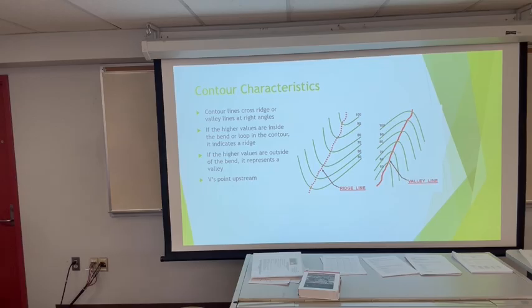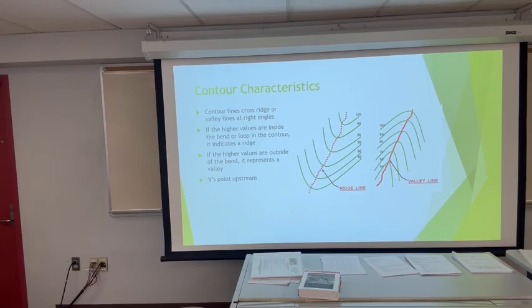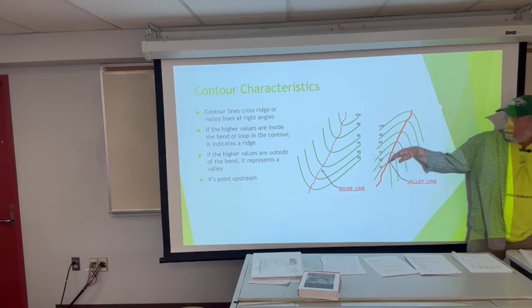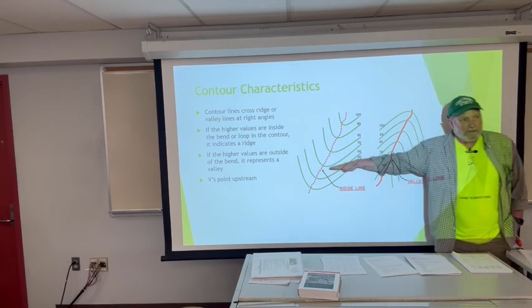When you're looking at valleys or ditches or creeks, they kind of form a V and the V points upstream. So one thing I want to point out here, a lot of times, not always, your ridge lines will look a lot more bowed, a lot bigger radius here.